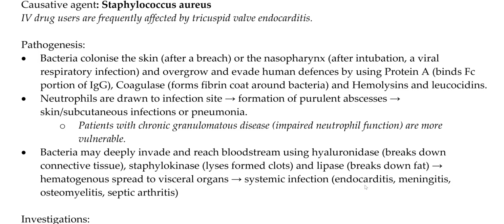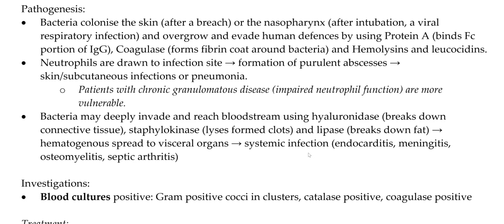One is which is already given in the case, that you should do echocardiography, which will show you the vegetations. And second is you establish that infection is in blood. So blood cultures. Ideally 3 blood cultures to be taken within 24 hours, and it will show you the growth of this bacteria. Gram positive cocci in clusters which are catalase positive and coagulase positive will establish that it is a Staphylococcus aureus infection causing this endocarditis.